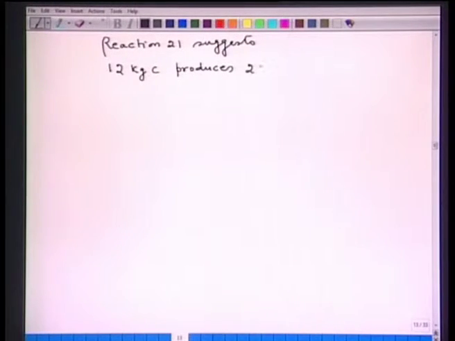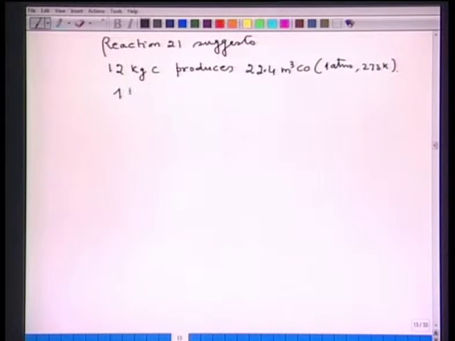Now this reaction 21 suggests, say, 12 kg carbon produces 22.4 meter cube carbon monoxide at 1 atmospheric pressure and 273 Kelvin.